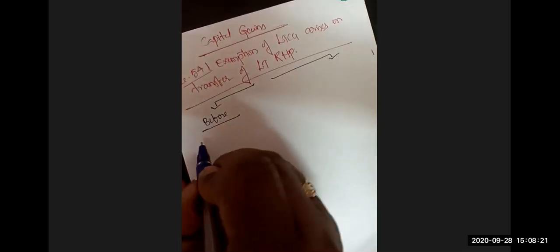Before the amendment, in order to claim the exemption benefit, in which capital asset do we need to reinvest? A residential house property. How many residential house properties can I reinvest in? Only one.